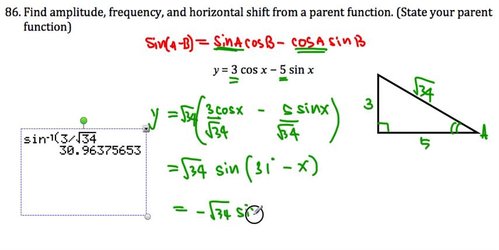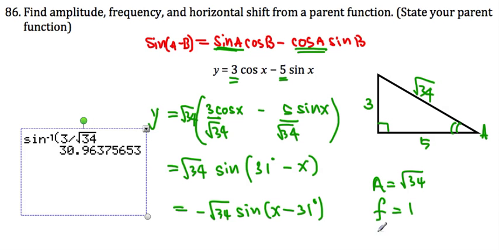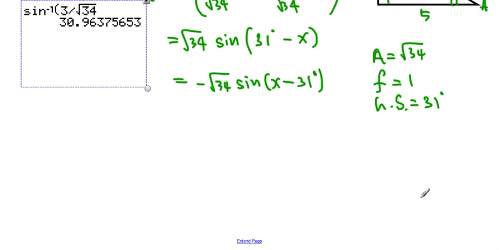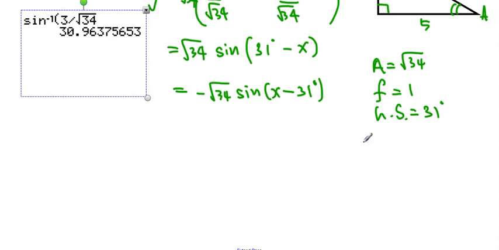So in this case, the amplitude is equal to radical 34. Frequency is equal to 1 because that is the coefficient of x, and the horizontal shift is 31 degrees to the right, positive 31 degrees. And our parent function is y equals sine of x.